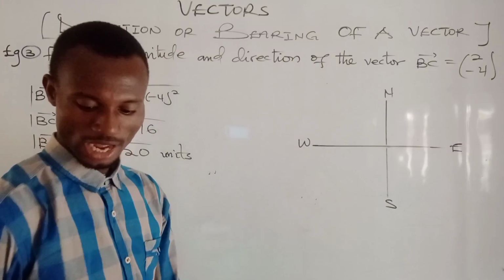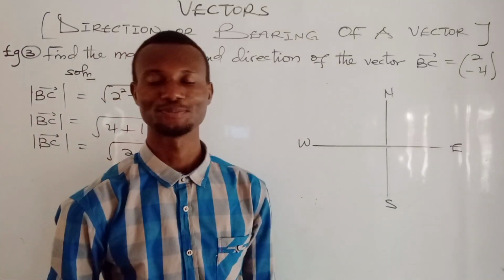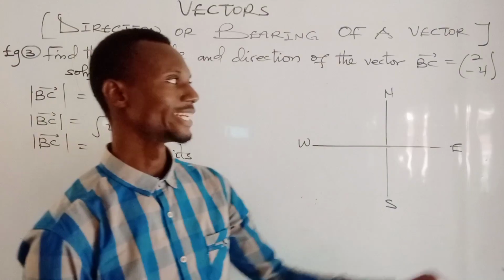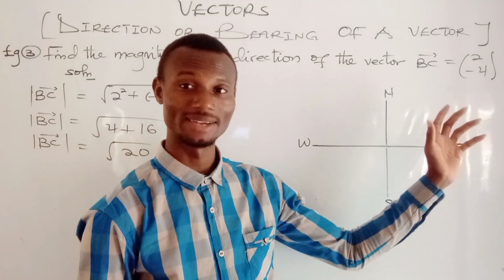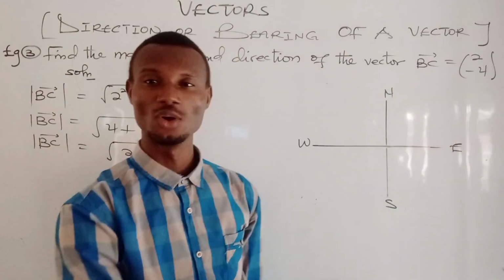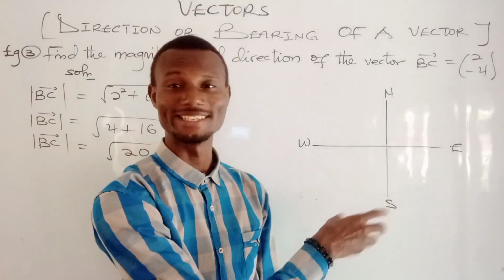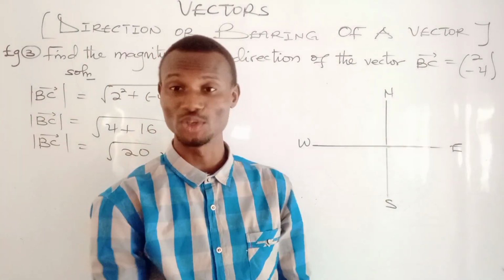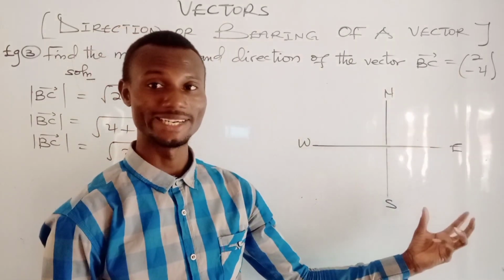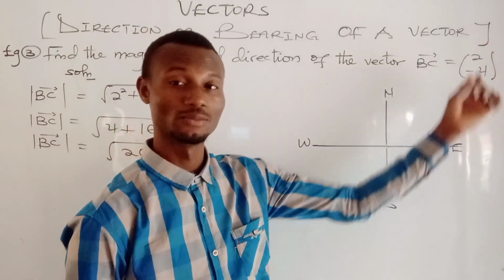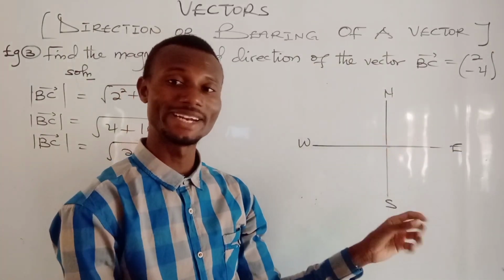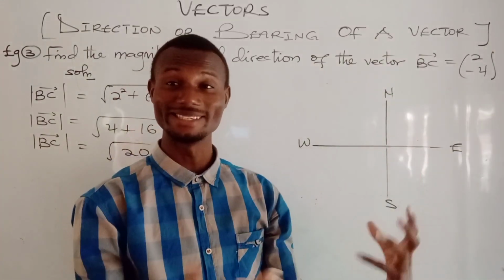Okay, so now the next step is that we are going to plot the components of the given vector on the cardinal points. So we are going to consider the cardinal points as our Cartesian plane, as we have been doing. Okay, so after we've drawn the cardinal points like this, we are going to plot the given component of the vector on the cardinal points, considering the cardinal points as our Cartesian plane.